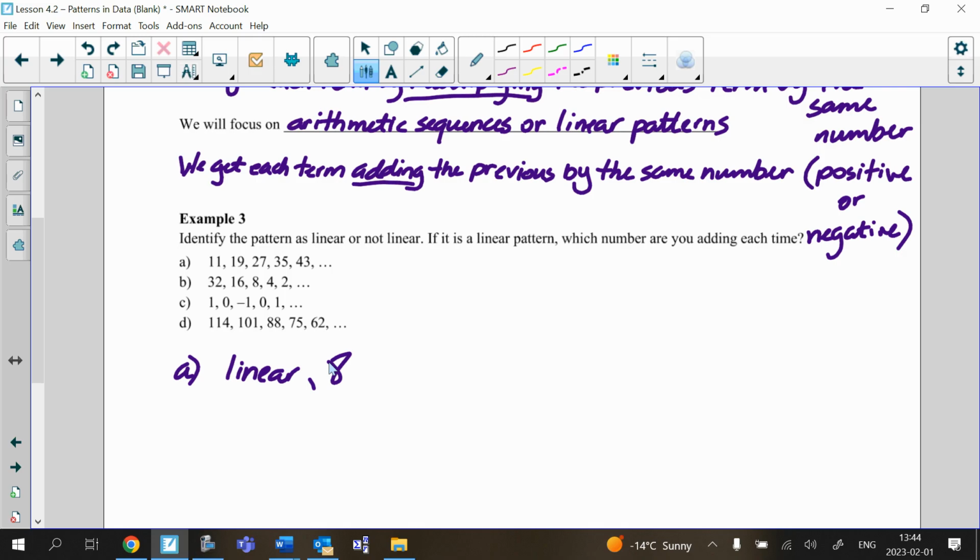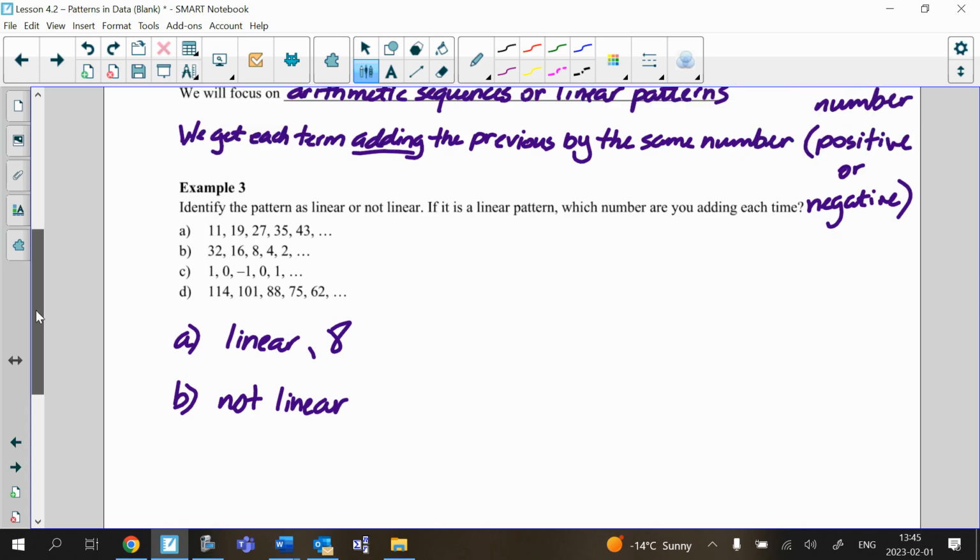How about C? We're going down by 1 each time, or adding negative 1 for the first couple, but then we're going back up, aren't we? So we're going down by 1 a couple of times, and then we're going up by 1. That's not linear.